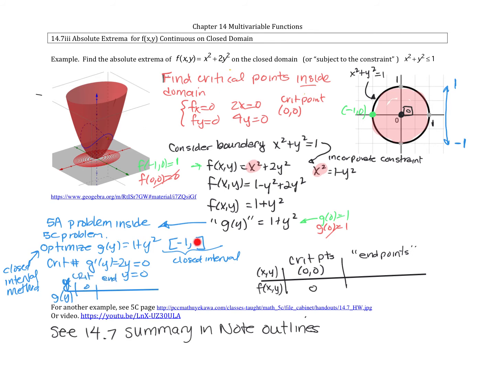The endpoints here are -1 and 1. Where am I putting that? I'm putting it into g. I'm not looking back here at all. This is my function I'm trying to optimize. I put the critical number in here, I get 1. And I put the endpoints in here, and I get 2 for both of those.